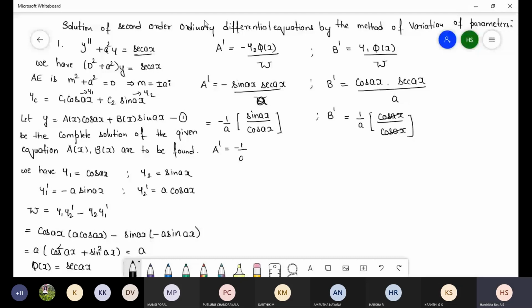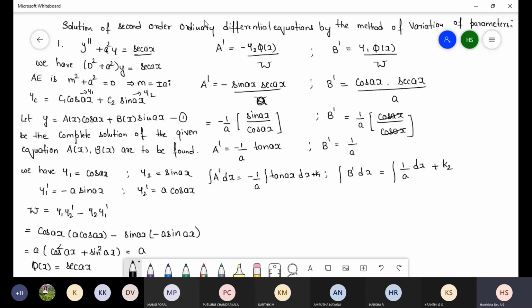B dash is equal to 1 by A. Integrating on both sides: integration of A dash with respect to x is minus 1 by A integration of tan ax with respect to x. Again, integration of B dash with respect to x is integration of 1 by A with respect to x. Here you can write constant K1, here K2.